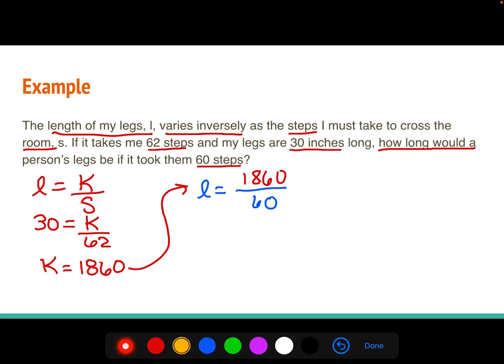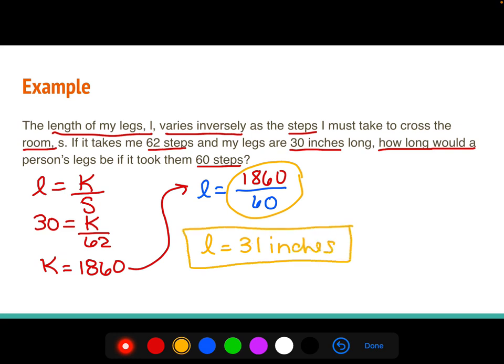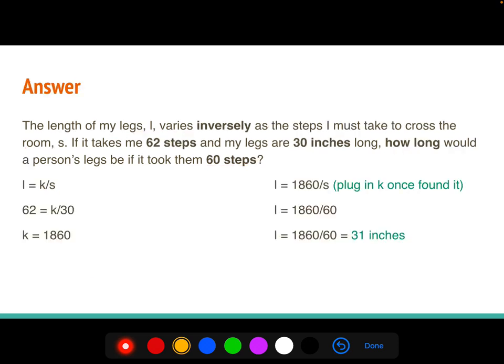So our 1860 goes in there for the K, and our 60 goes on the bottom for the S, the steps. We're trying to find L. Well, we know how to solve that. You can just put that in the calculator and divide those two numbers. 1860 divided by 60 is 31 inches.